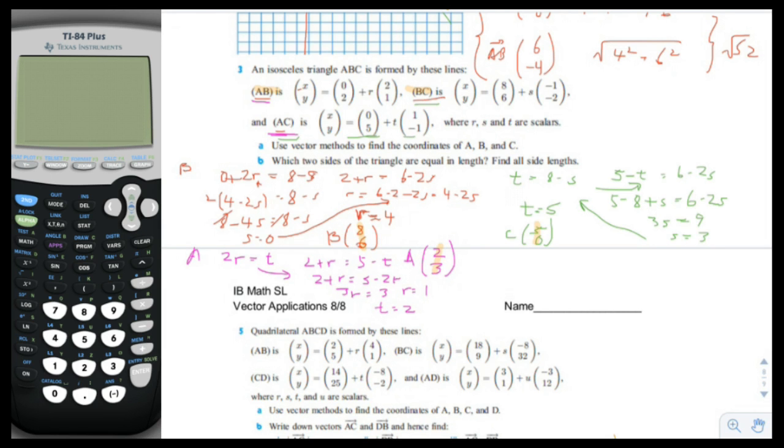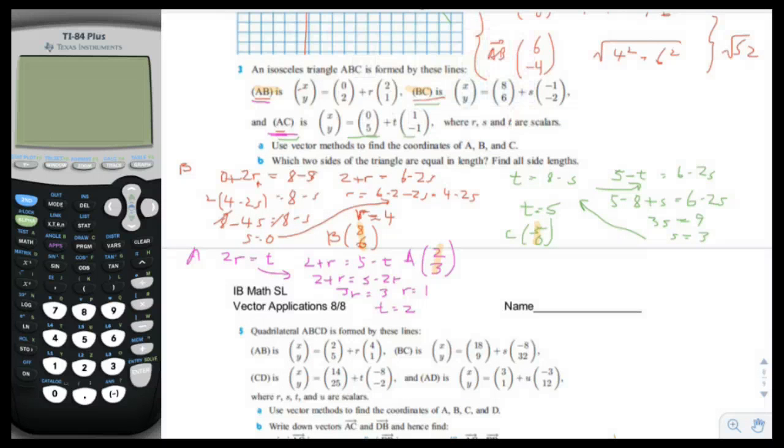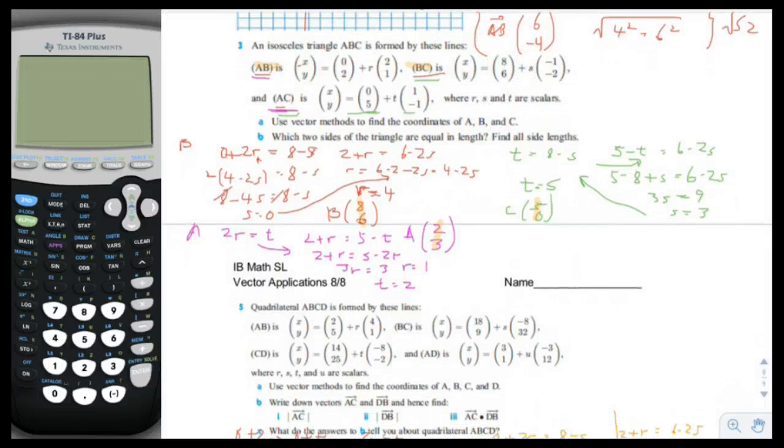And it says which two sides of the triangle are equal in length. Find all side lengths. So let's see. Let's see, we'll find AB.